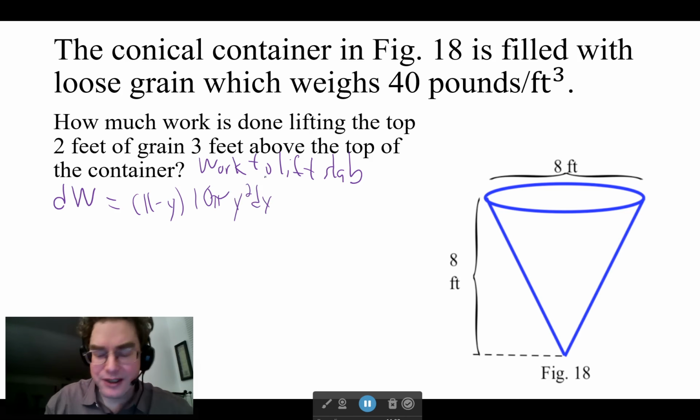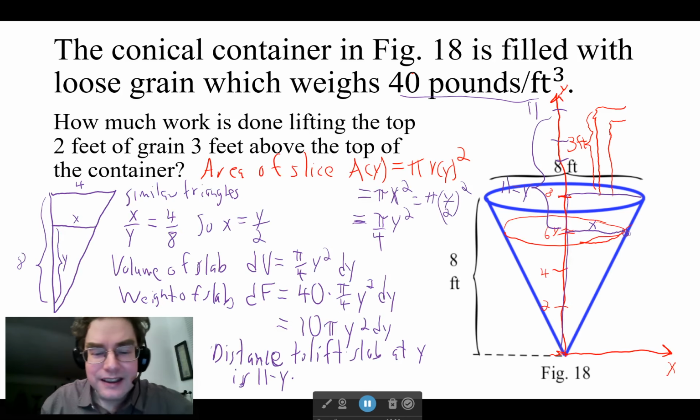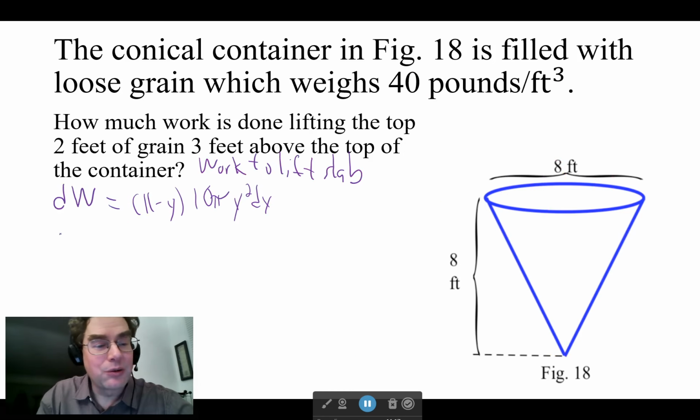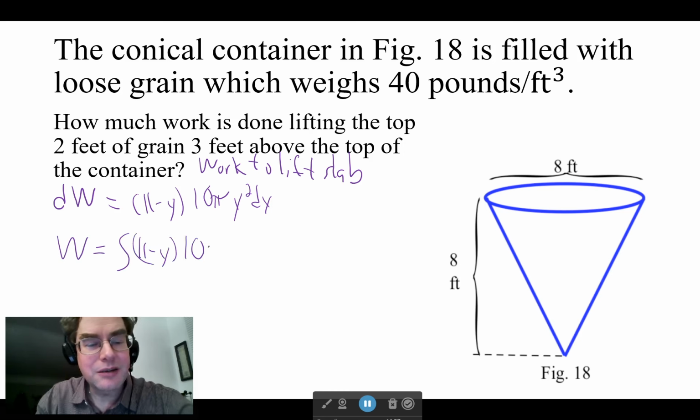Let's go back to the previous screen and double check that. Yeah, 10 pi y squared dy. Okay, good. We got it. All right. And so now to get the total work, we just got to integrate, right? So the work is going to be the integral of 11 minus y times 10 pi y squared dy.